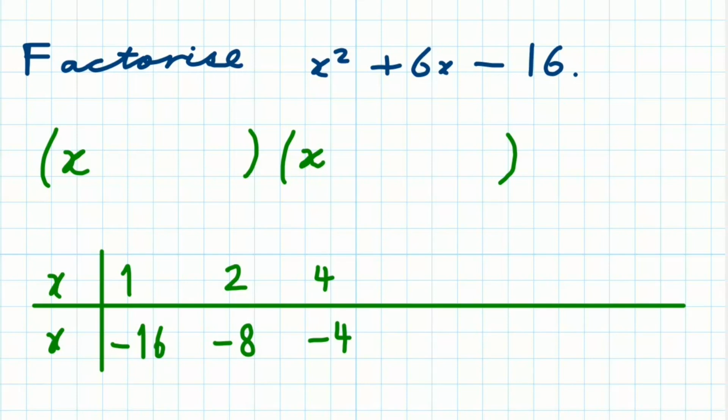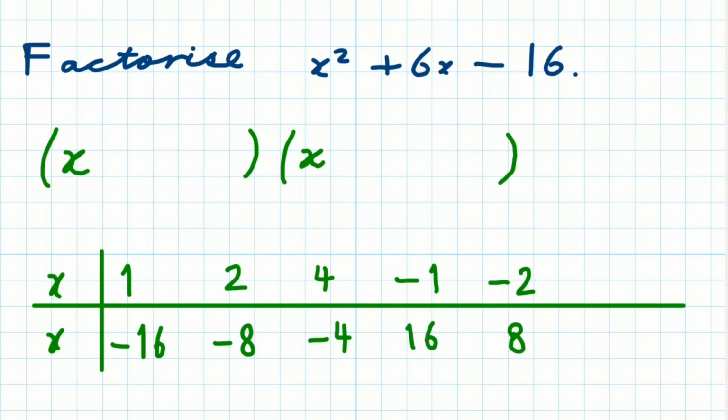We could also have minus 1 times 16, that's different, and minus 2 times 8. The table layout is an efficient way for you to check through all of these possibilities mentally without writing out lots and lots of working. So when I work through them, I will write what you get when you try each possibility. But when you do this in practice, you wouldn't need to write this out.